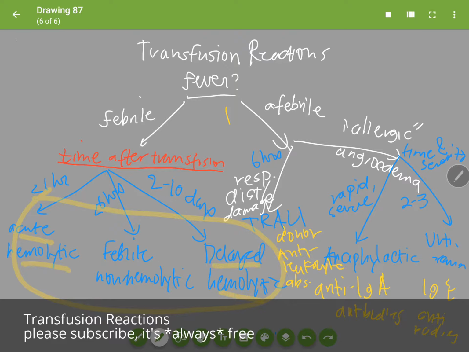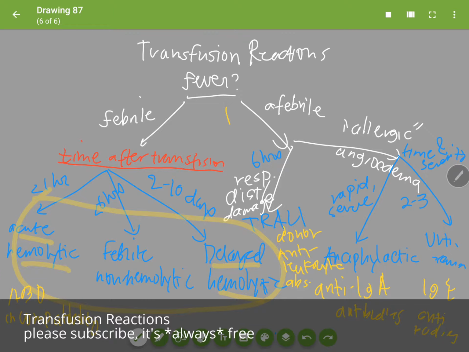So acute is like the first thing you see. If you think of a febrile transfusion reaction and something that happens almost right away in a matter of minutes, you're going to think acute hemolytic. And that's basically ABO incompatibility. So that's a very common cause, ABO incompatibility.